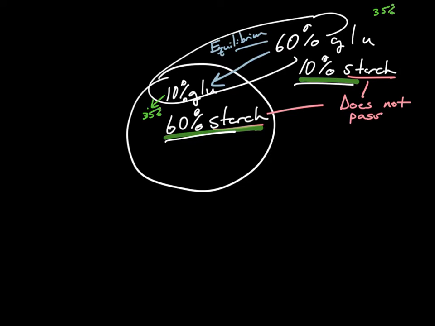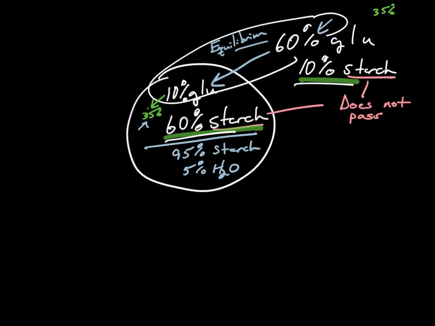So the total percent water on the inside is going to be 35 and 60, which is 95% starch, and it's going to be what percent water? Hopefully you say 5% water, because that's what we have. So that's just an argument of what happens to this. We know they're going to be equal, but we know this is going to go up, and the percent glucose on the outside is going to go down. So if they end up being equal, it's going to be about 35% each way.